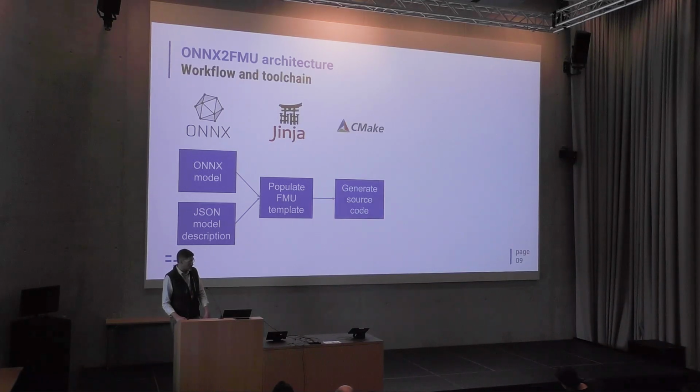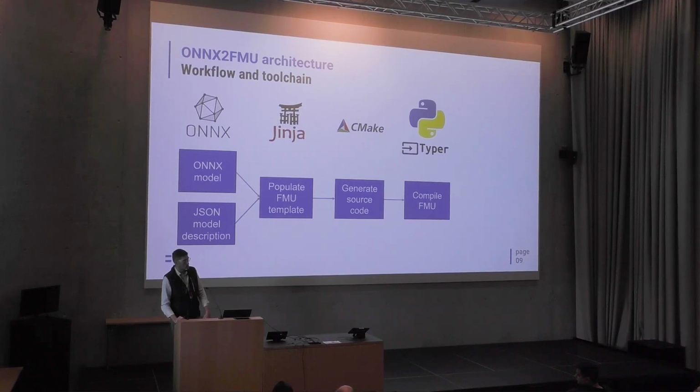At the next step, we find the generation of the source code, which is done via a CMake recipe, and we can break the process of generating an FMU into 2 steps.